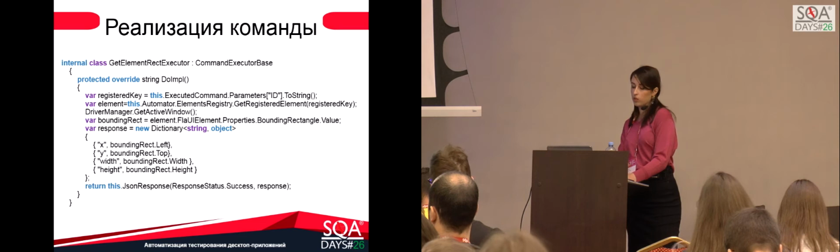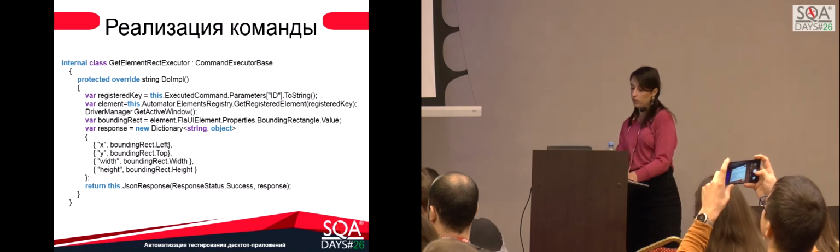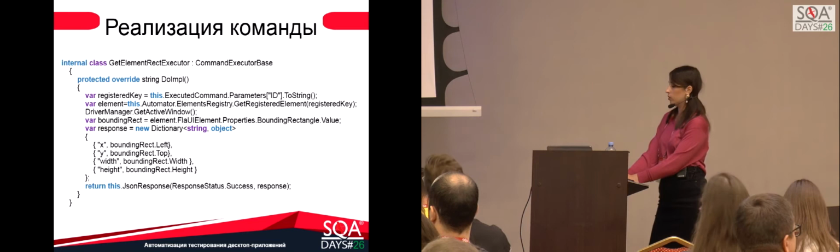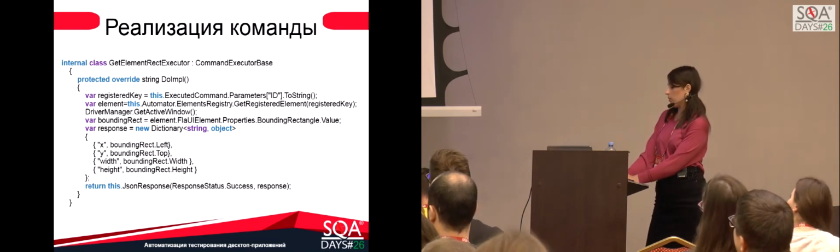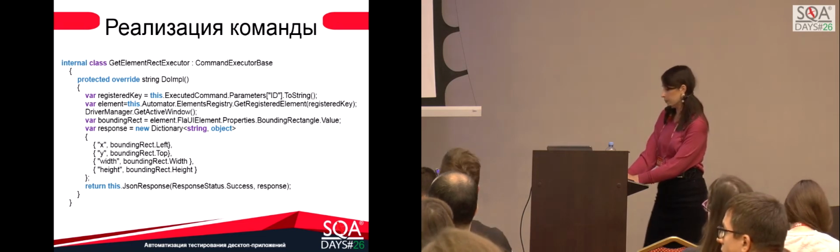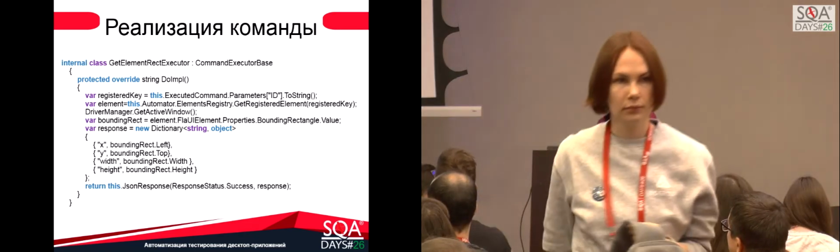First, we add our class with the executor. Here, for example, we have an element, switch to the active window, receive the properties of the body rectangle, and in coordinates we apply the standard implementation.